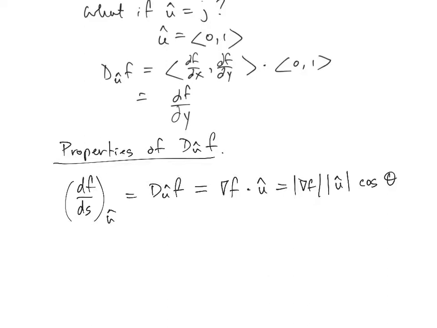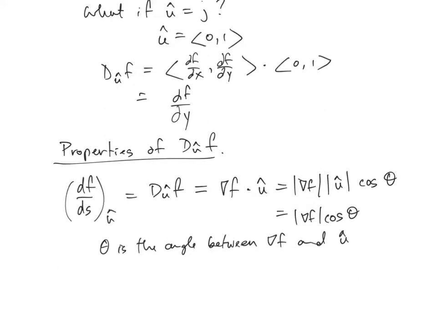And since û is a unit vector, its magnitude is 1, so it's just this. That's the directional derivative. Theta is the angle between our gradient vector and the direction we're taking the derivative in.